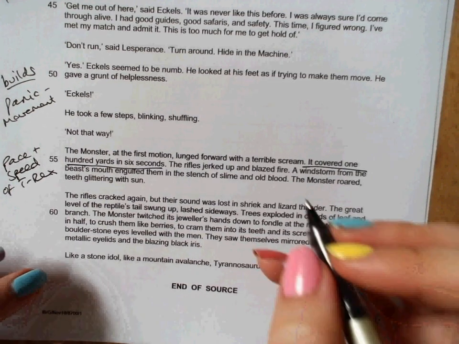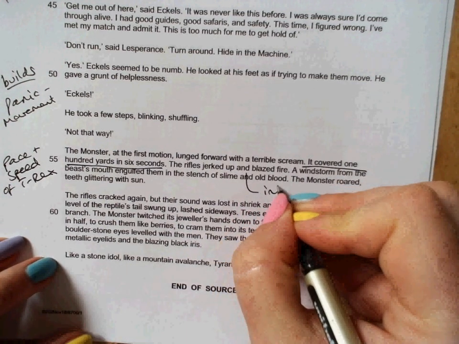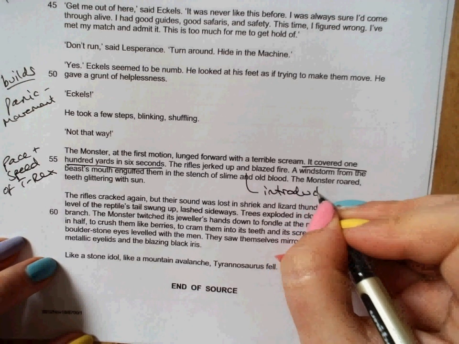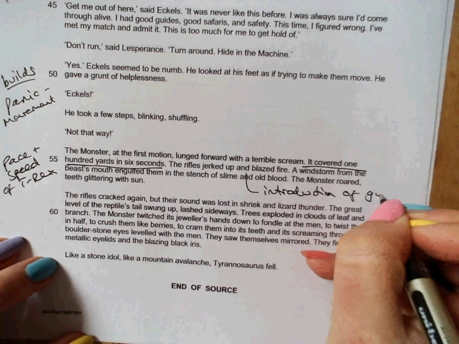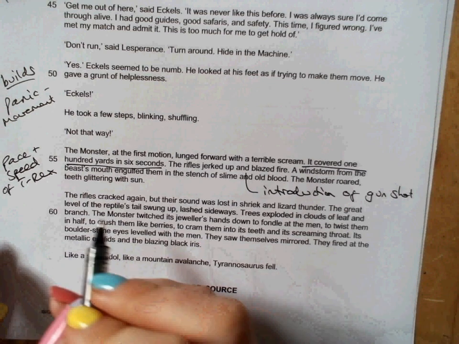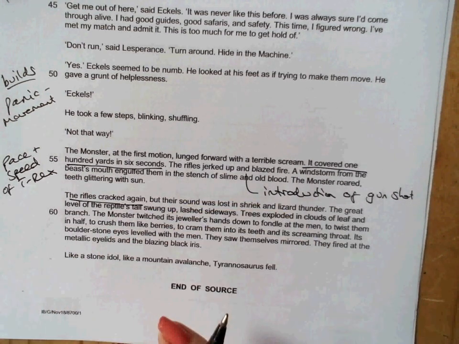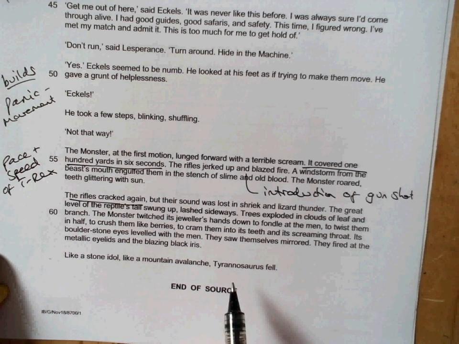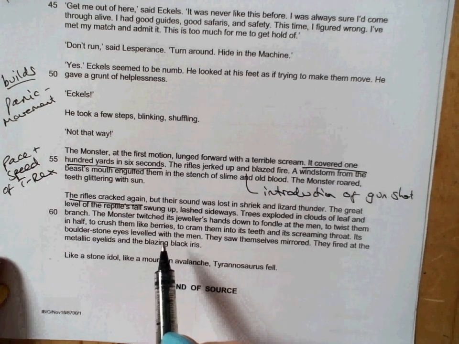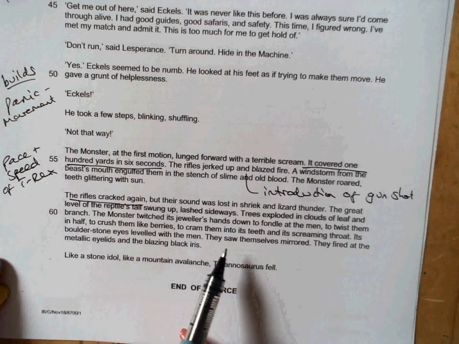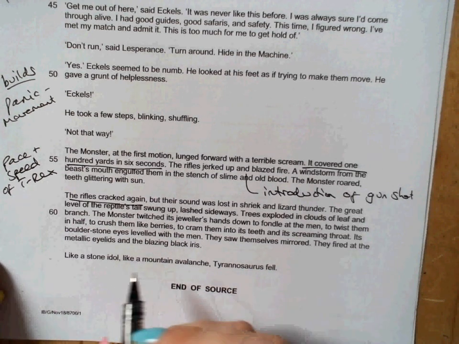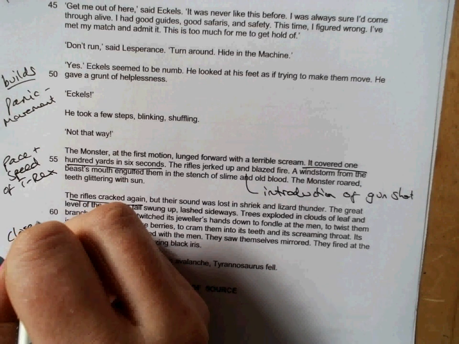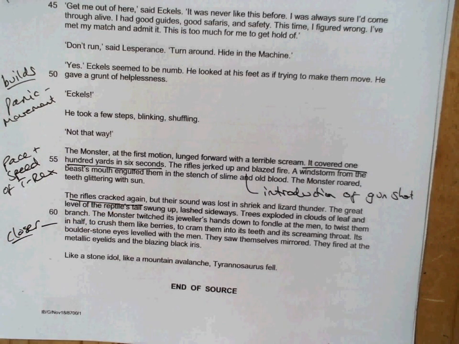But what we then get is the introduction of the gunshot, of the men trying to shoot it, and this is repeated, so we get the repeated reference to it being shot at. Interestingly, it doesn't seem to be affecting it, and it twitched its screaming throat, so it's getting closer. What's important here structurally is that it is now incredibly close. They are up close, they can see themselves in its eyes, and they shoot.